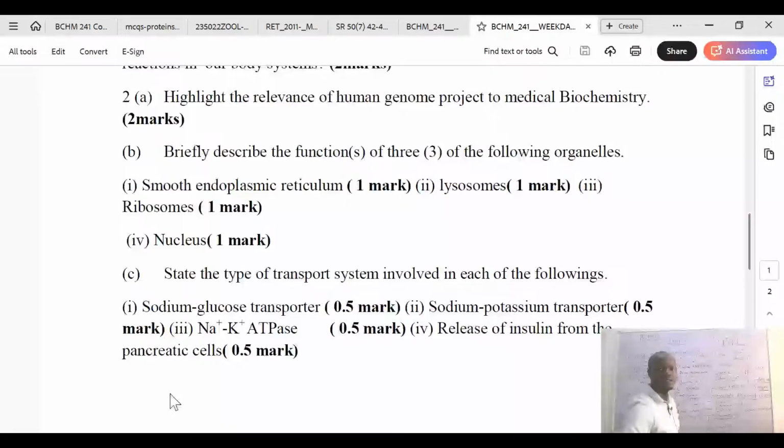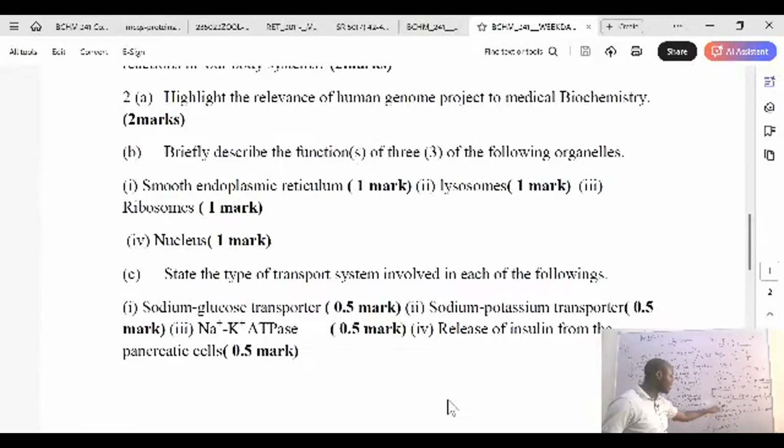So which type of transport requires energy? A transport that requires ATP is active transport.